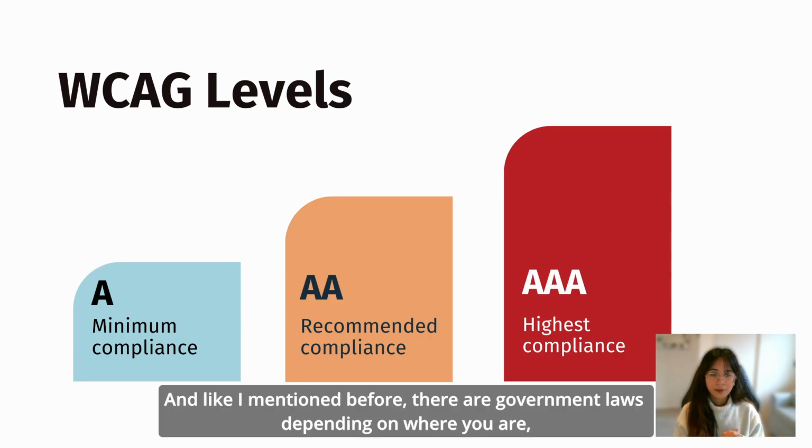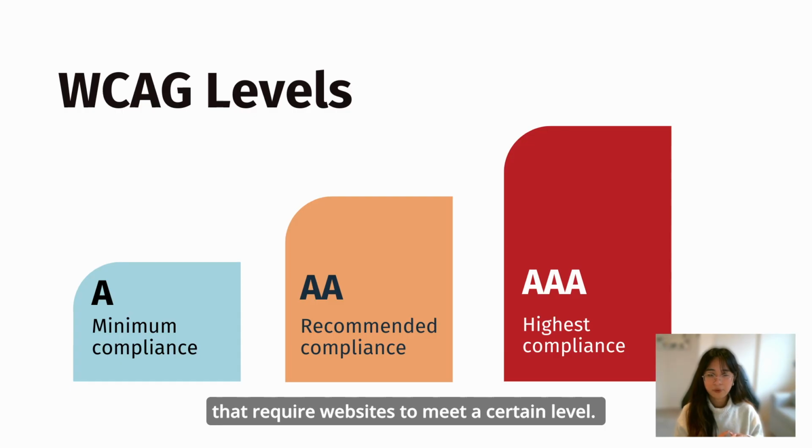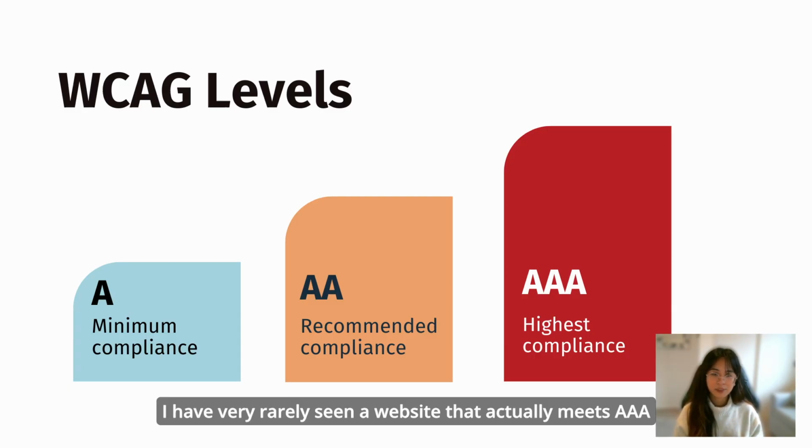And like I mentioned before, there are government laws, depending on where you are, that require websites to meet a certain level. In New Zealand and in most other places, I believe, that requirement is only for 2.1 AA. I have very rarely seen a website that actually meets AAA, because even though it is the most accessible, for most websites, AAA requirements can be very strict.